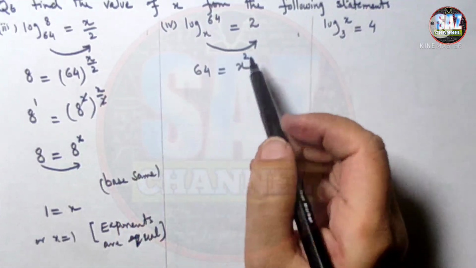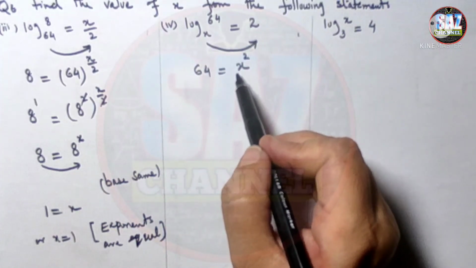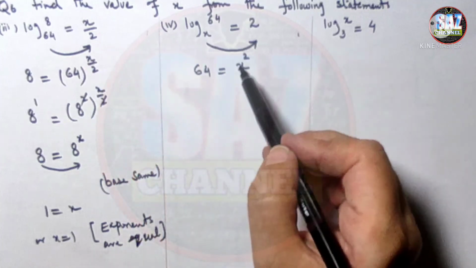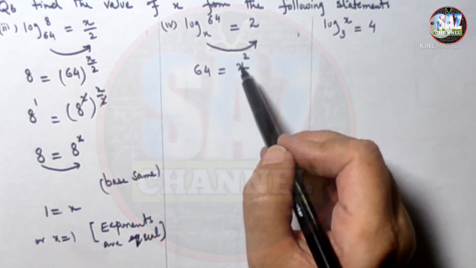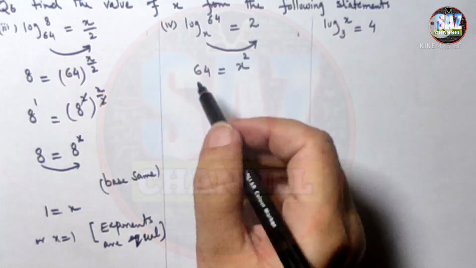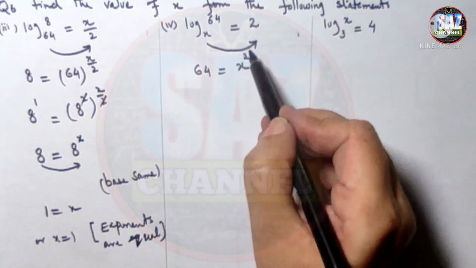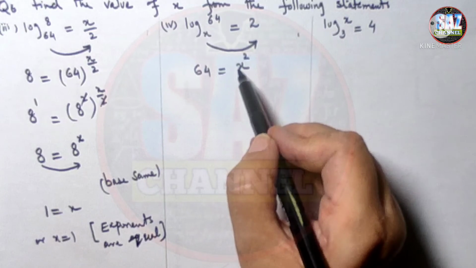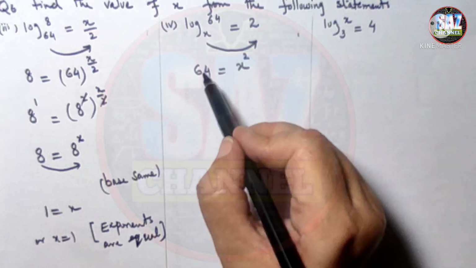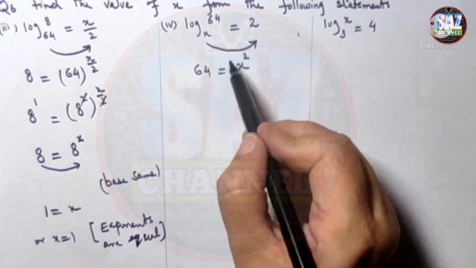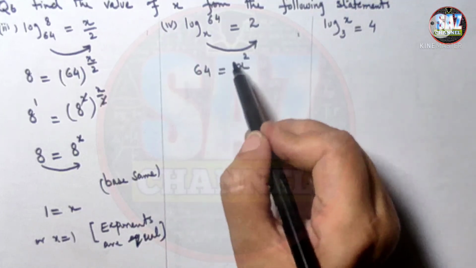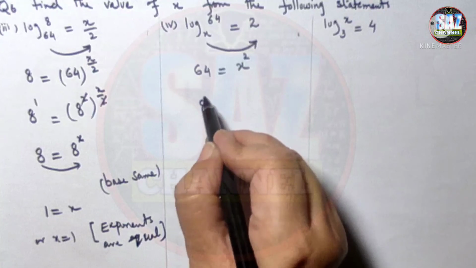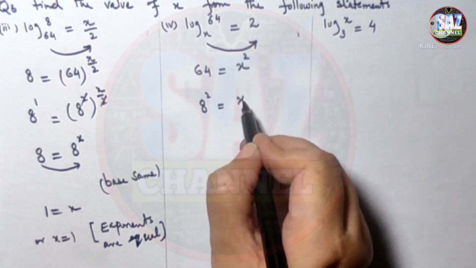Now look, in the previous question the unknown was the power, but here the base is the unknown, and the index is 2. In order to find the value of this unknown, we have to think about some number whose power 2 can give me 64 back. Again 8 square equals x square.